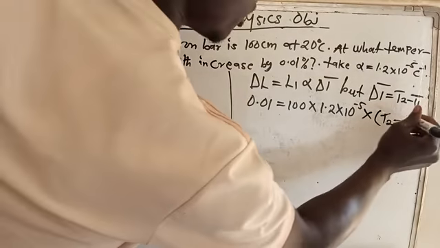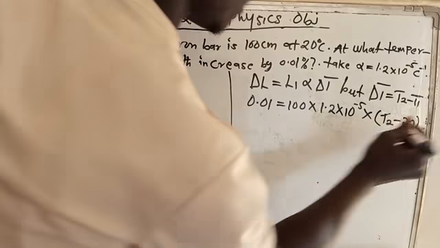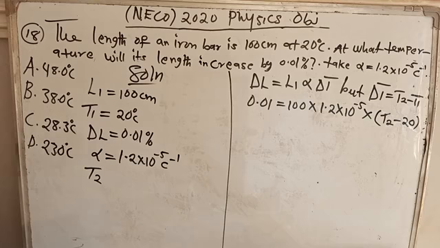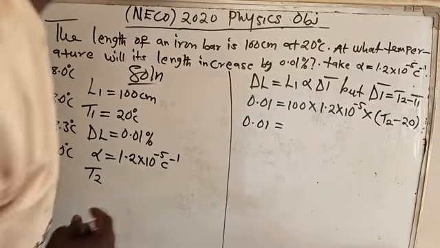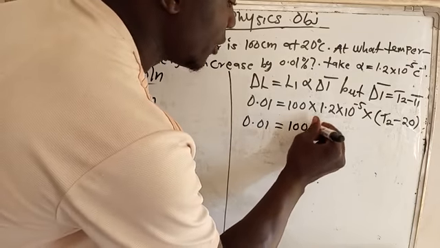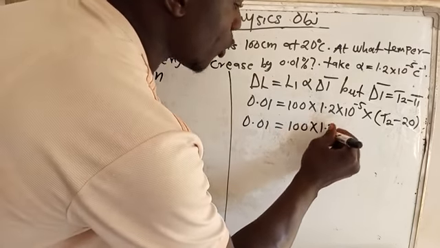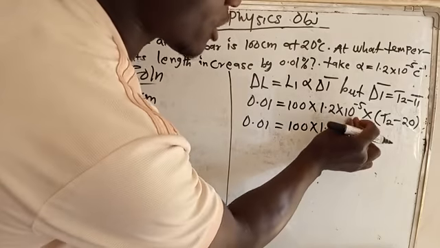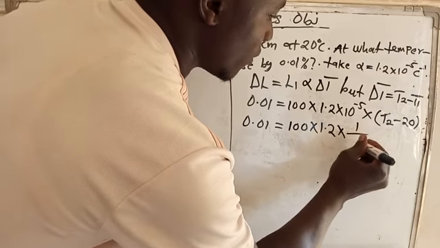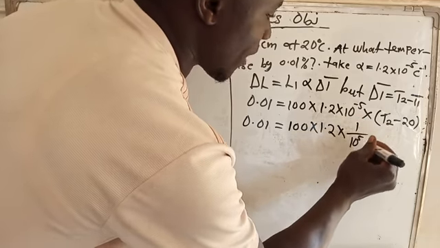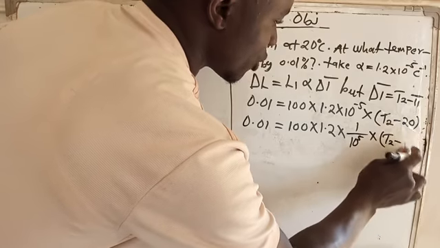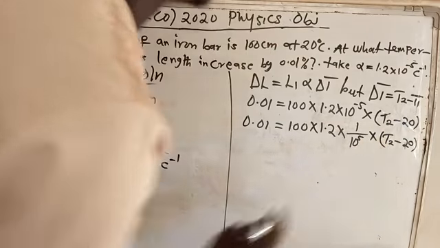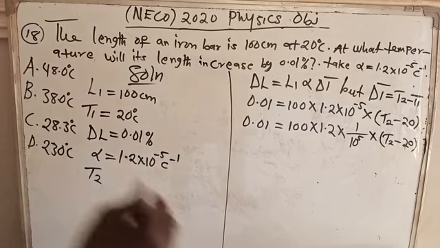Our T1 in this question is 20. Let's repeat this: 0.01 will be equal to 100 multiplied by 1.2 times 1 all over 10 raised to the power of 5, multiplied by the bracket T2 minus 20.